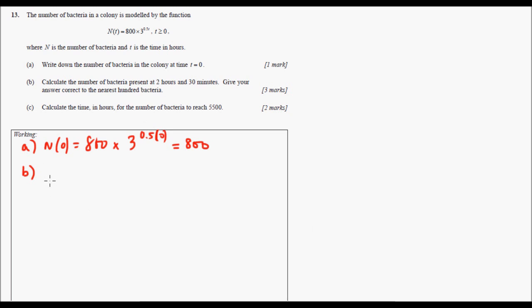Okay, so calculate, again, I would do n of 2.5 equals 800 times 3 to the 0.5 times 2.5. Okay, and I can't do that one in my head, so we'll do it here.